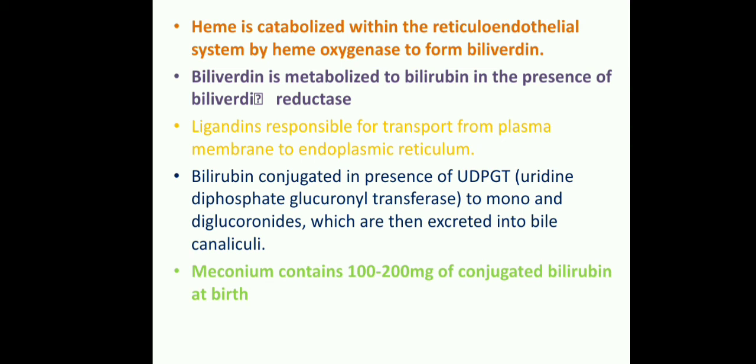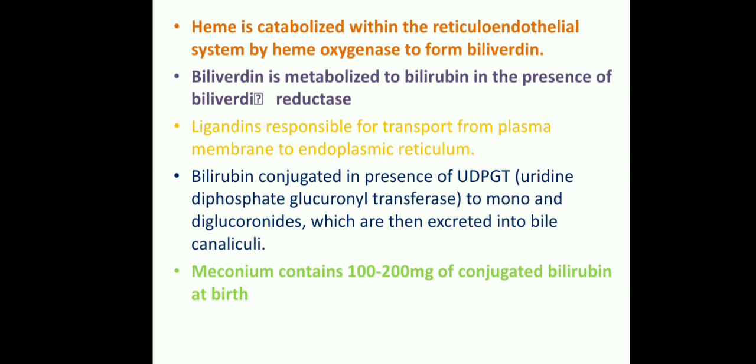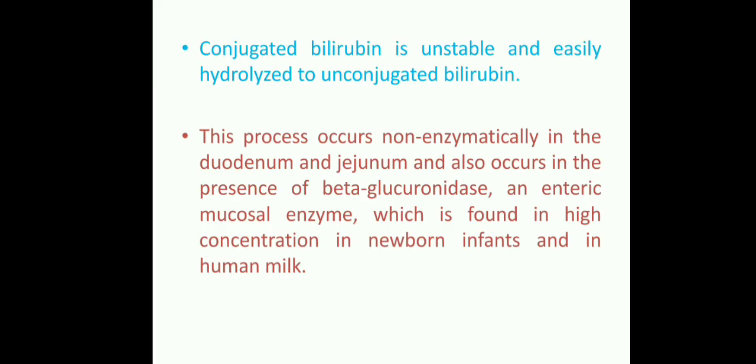Is everyone clear? What is bilirubin? What is RBC? Next, the conjugated bilirubin is unstable and easily hydrolyzed to unconjugated bilirubin.